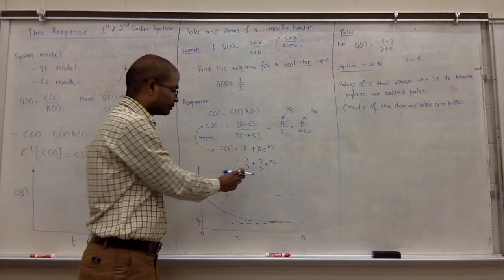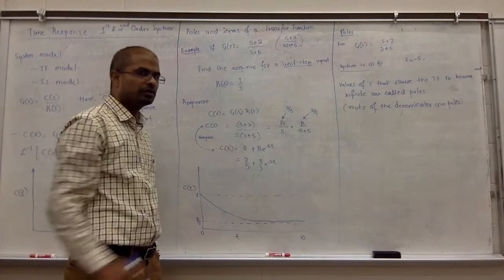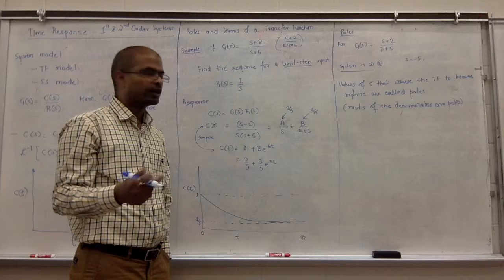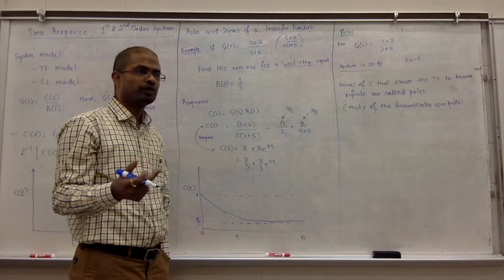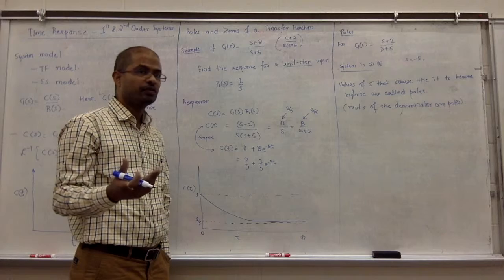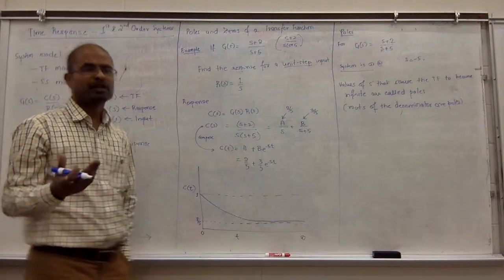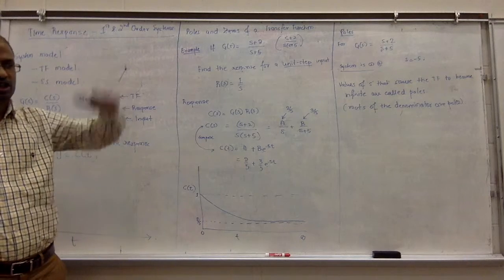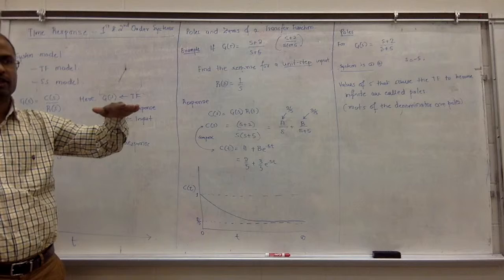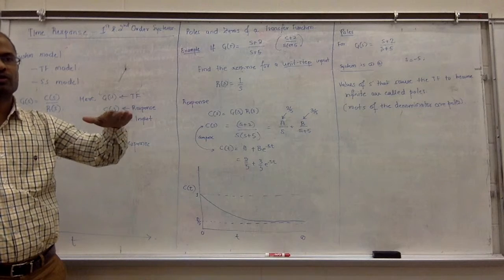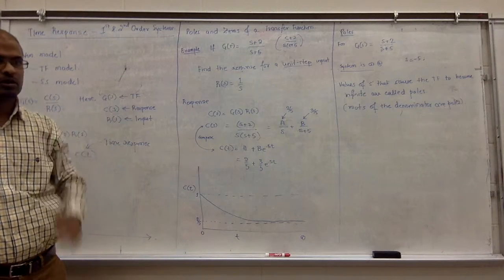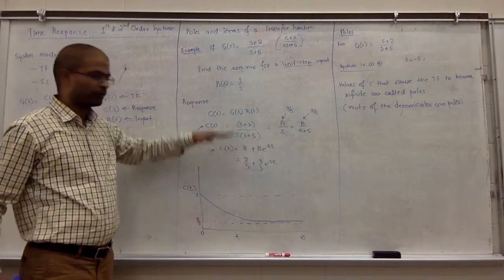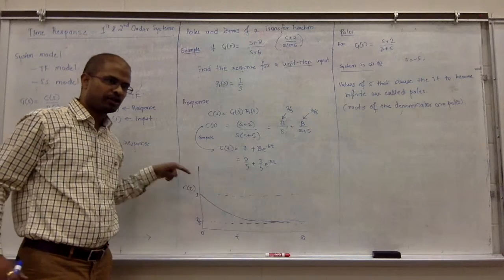It will only have a constant, like your slope. If you look at the straight line, y equals mx plus c, what impact does that c have? It just shifts the line, correct? The slope does not change because of that c. This just shifts. The shape remains the same.